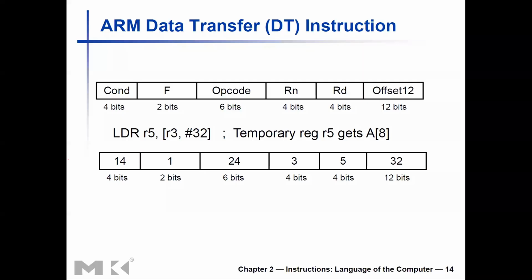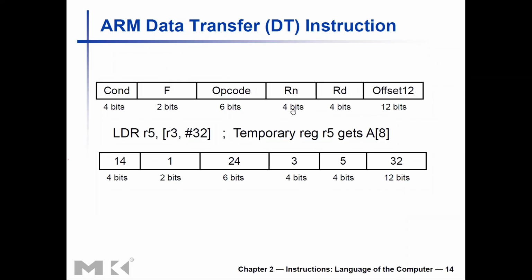So data transfer instructions. This was data processing instructions, we looked at that format, and now these are data transfer instructions. This is the type of instruction that deals with memory load, store, and things like that. So an LDR instruction, for example, is going to be encoded in this format. Here you can see the condition code is similar to the condition code we saw in the data processing instruction, and there's this format field to represent the instruction format, and then opcode and RN, RD.